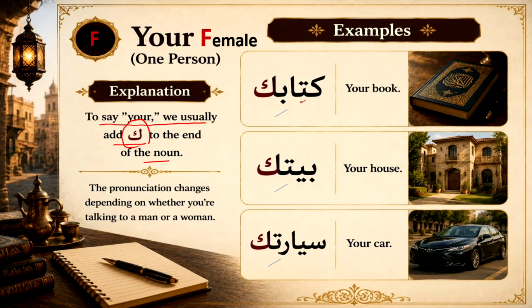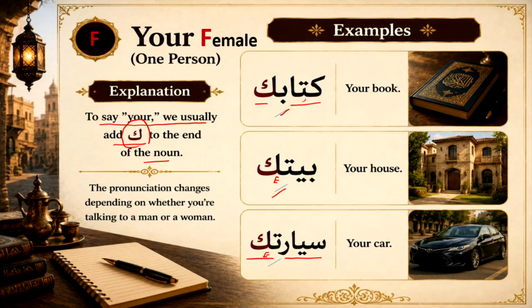So listen carefully. كتابك with kasra. بيتك. سيارتك. Small e under the letter before kaf.